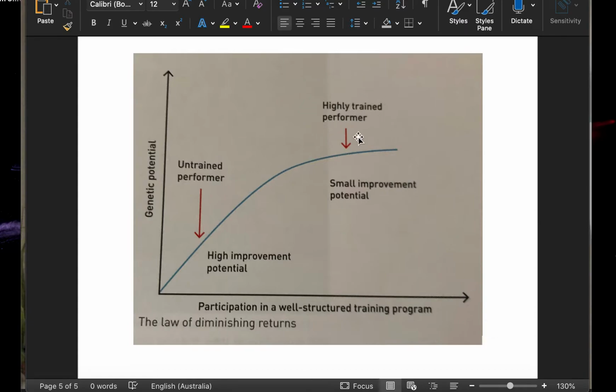However, when we look at a highly trained performer who's done many training programs in the past, the amount of improvement that we'll see from them is quite small. This is called diminishing returns, and it's the more highly trained you are, the less amount of improvement we will see when we test that person at the end of the day or look at them with their data in their game.